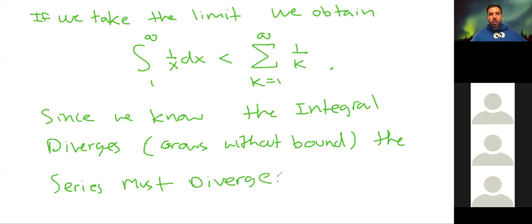I mean, that's the only logical conclusion. If I have this thing and it's less than this thing, and this thing keeps growing and growing, well, if this is bigger than it, it has to grow as well forever and ever. It cannot approach a number. The limit can't exist.